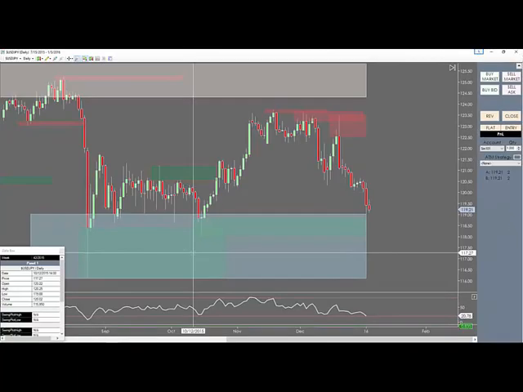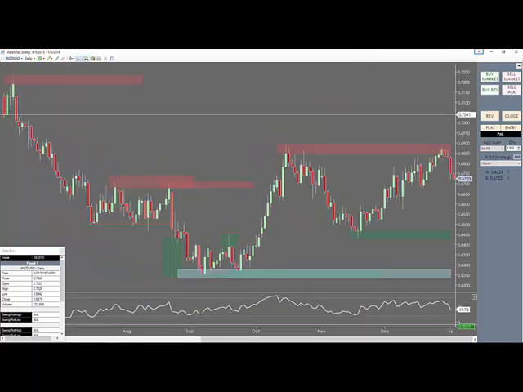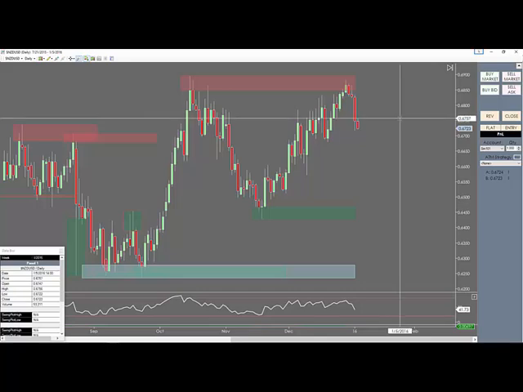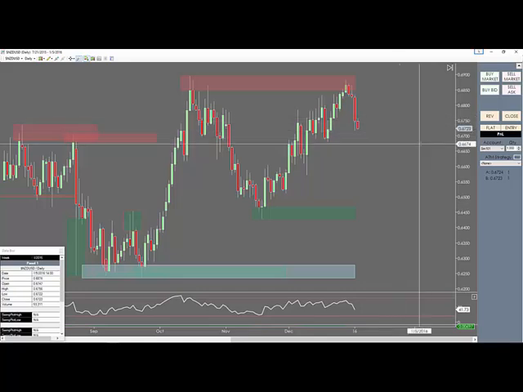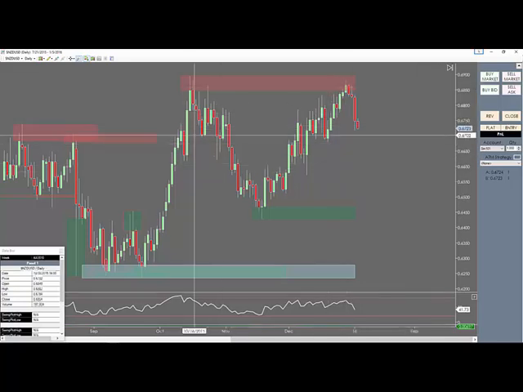Then let's go to the New Zealand dollar. All right. If you take a look at this one, you probably see that it's kind of in the middle of nowhere.